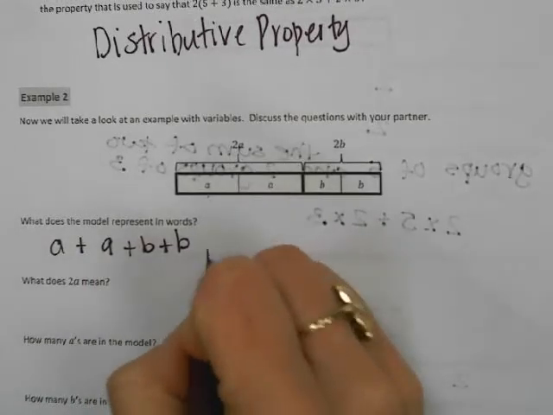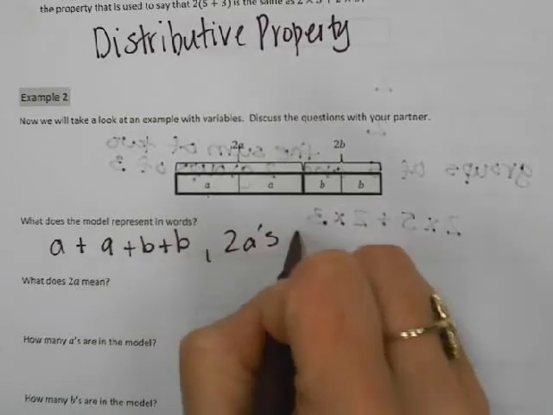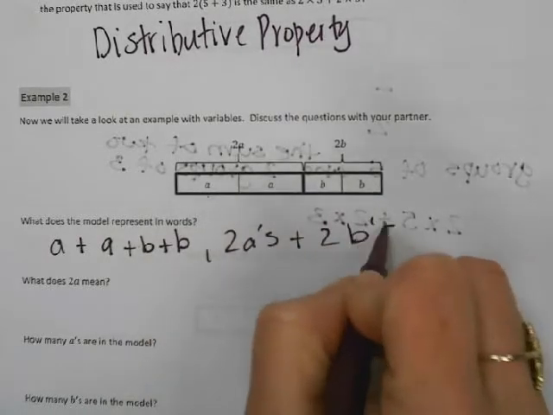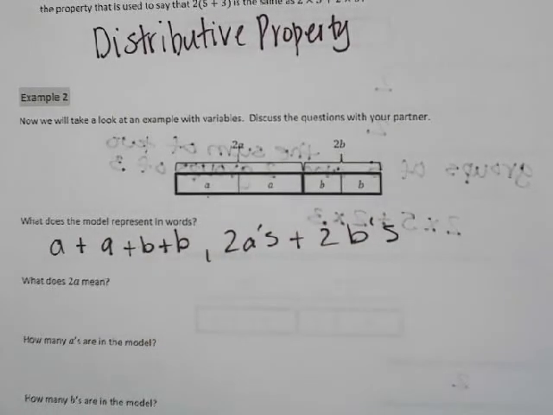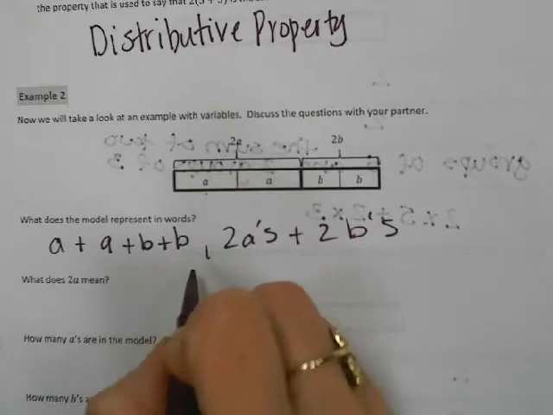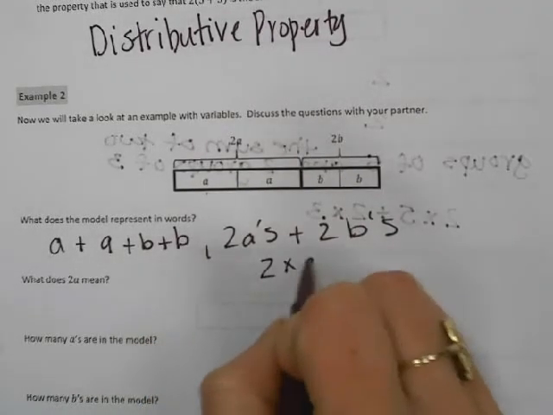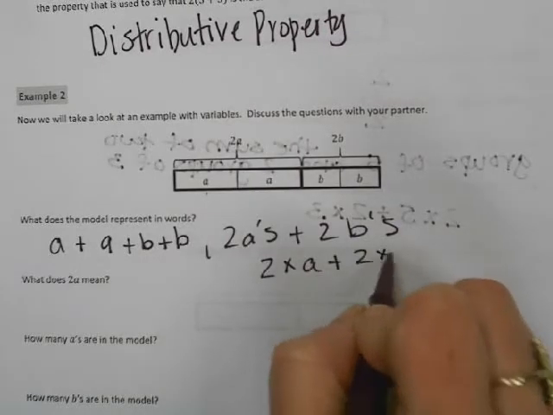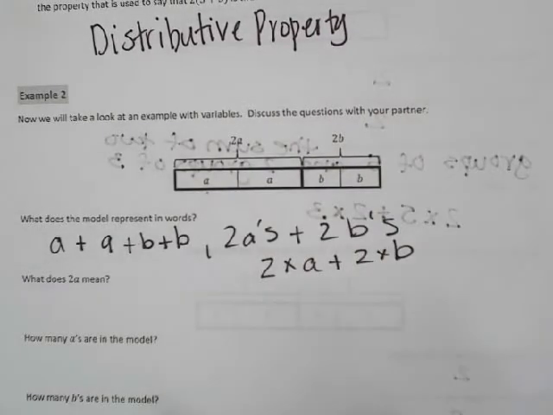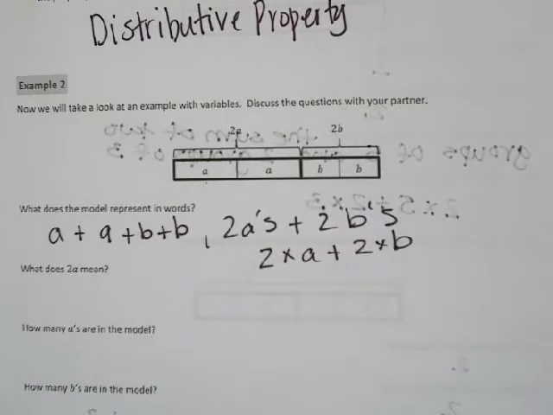We could say 2 As plus 2 Bs, or 2 times A plus 2 times B. Those are what the model represents in words.